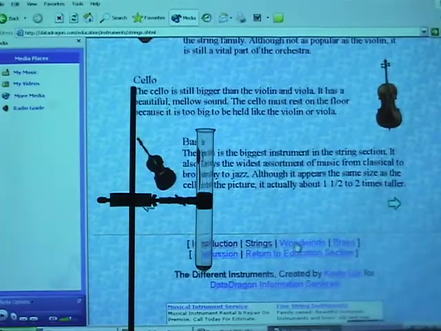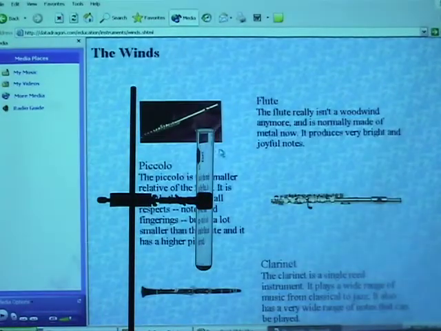Let's look at some woodwind instruments. That's the flute. Well, how does the flute sound? Alright, how does the piccolo sound?